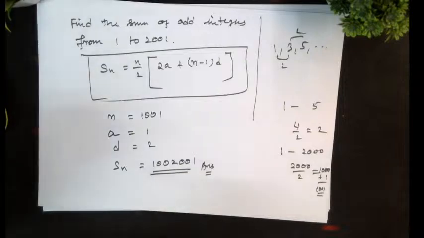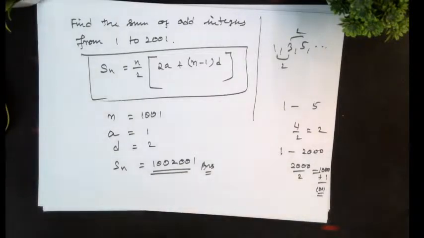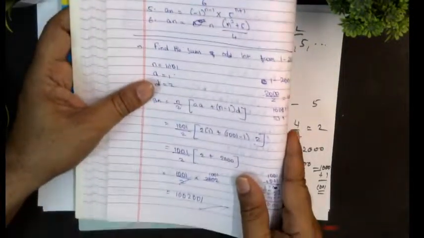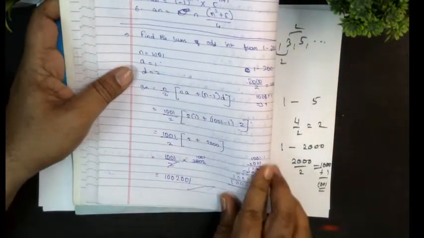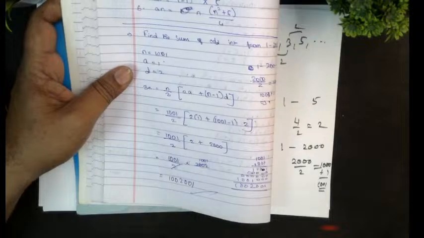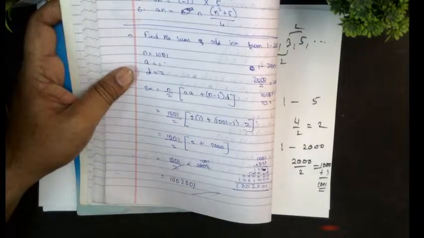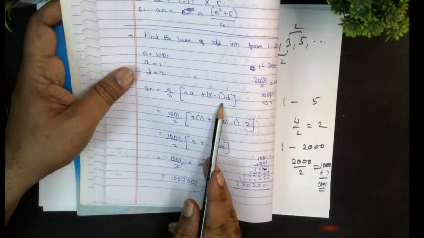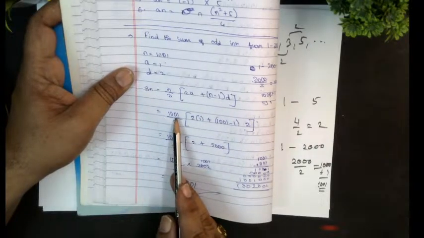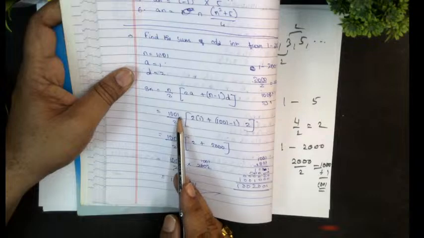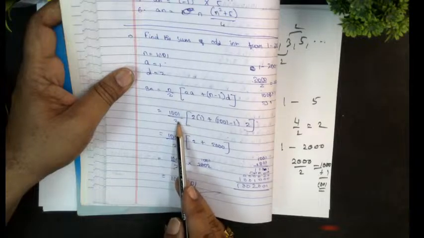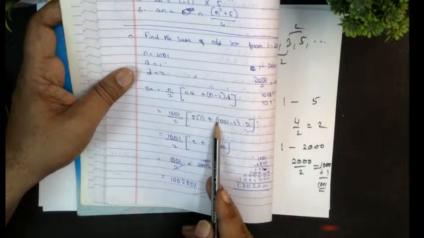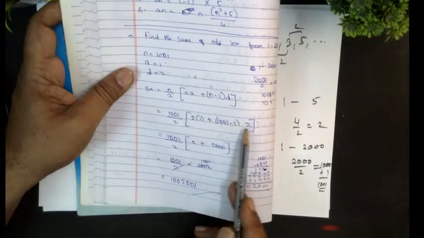Show me. Explain. The formula is n by 2 into 2a plus n minus 1 into d. So we are substituting and we are getting 1001 by 2 into 2 into 1 plus 1001 minus 1 into 2.